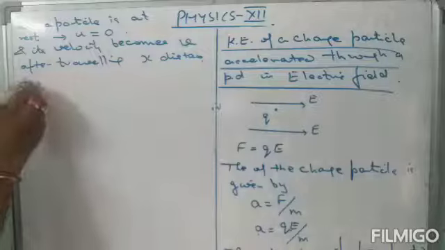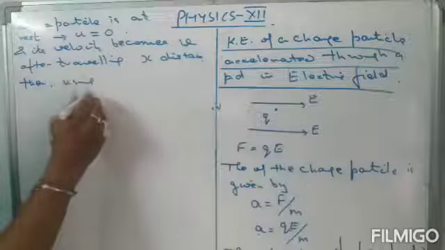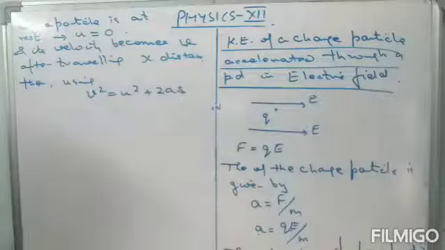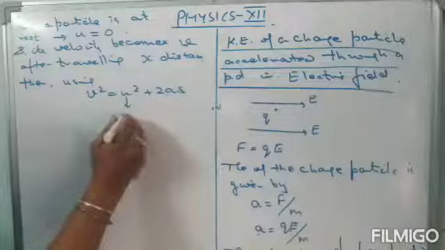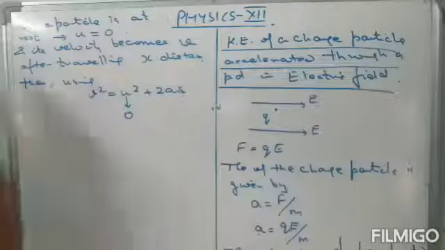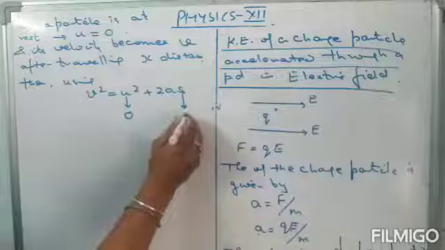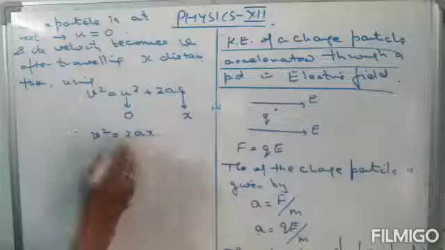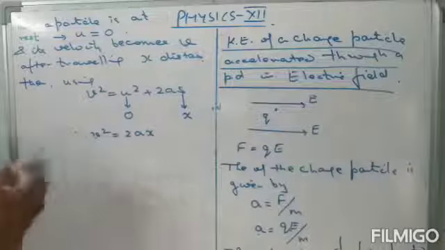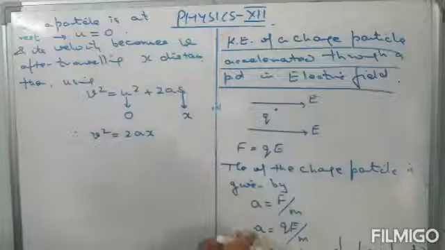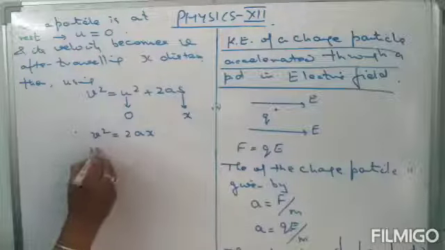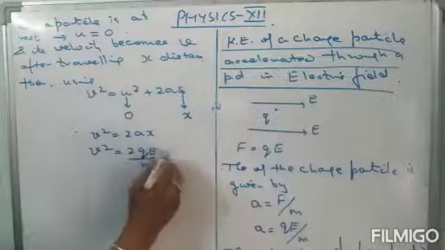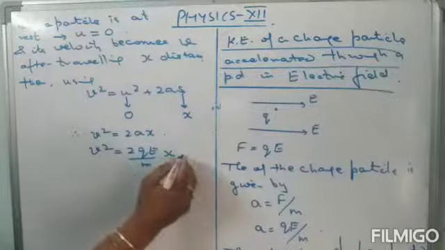Then I will use the formula V square is equal to U square plus 2AS. Initial velocity is 0 because the charged particle is at rest. S becomes x. Therefore, V square is equal to 2AX. This value of A I'm going to put here. I'll get V square is equal to 2QE upon M into X. I'll name this equation number 1.